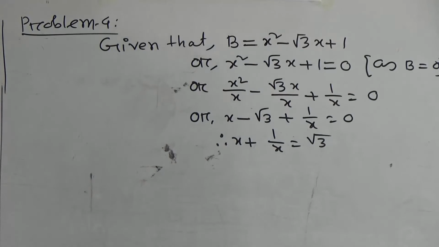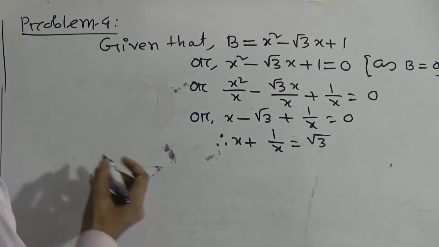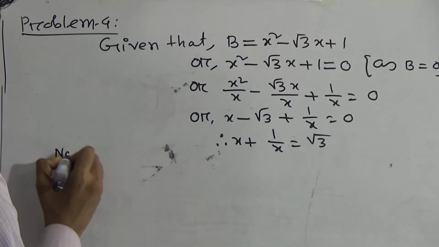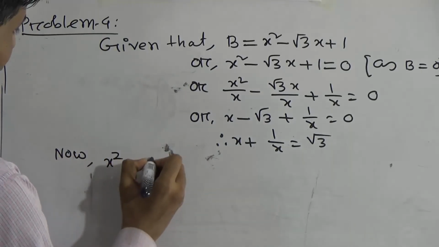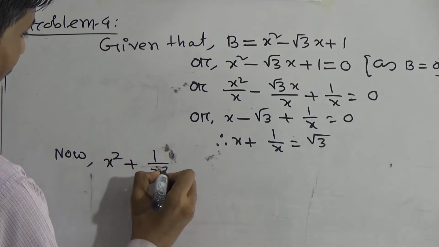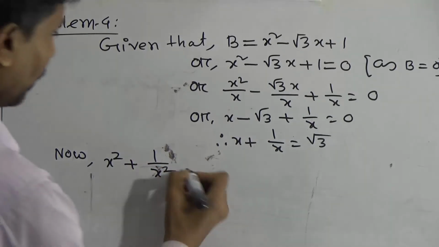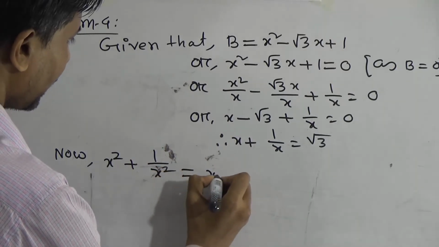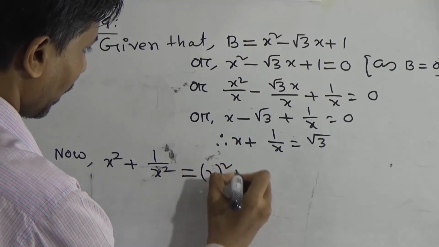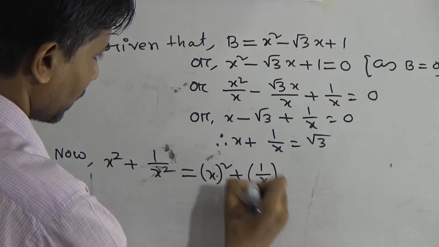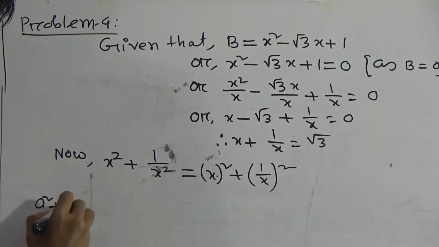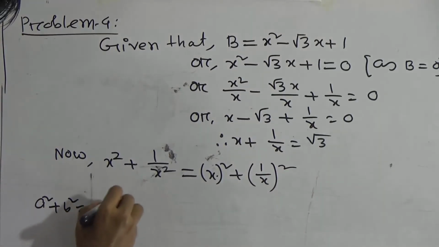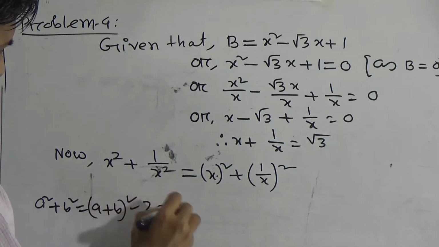Okay, now write x square plus 1 by x square. Look, this can be written as x plus 1 by x whole square minus twice. You know the formula a square plus b square equal to what? a plus b whole square minus twice ab.